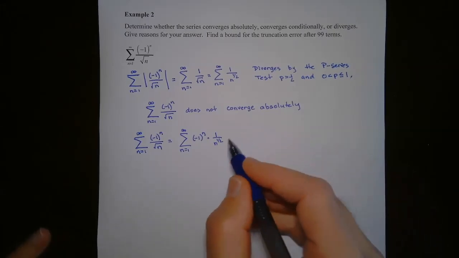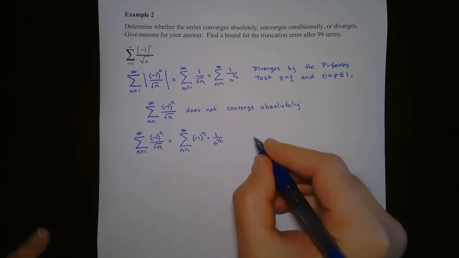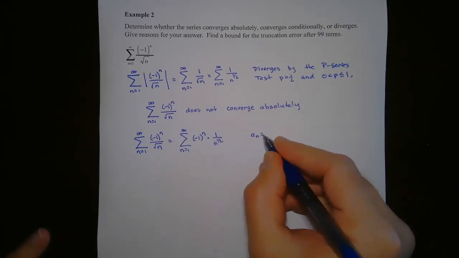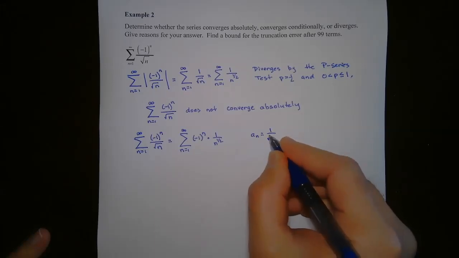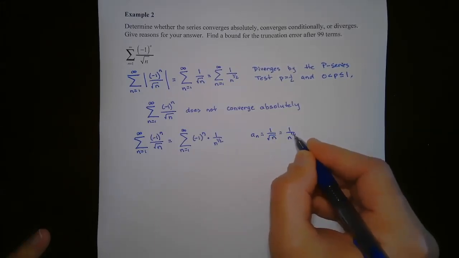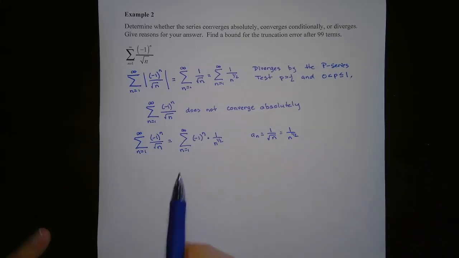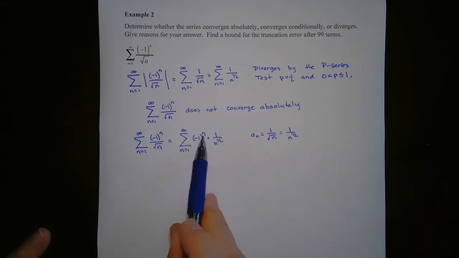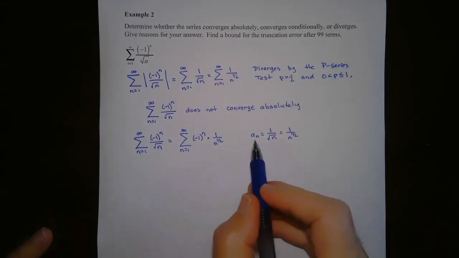So from this we can tell our a sub n is equal to 1 over the square root of n, which is also 1 over n to the 1/2 power. And it's alternating because we have (-1)^n, so we're going to use the alternating series test.